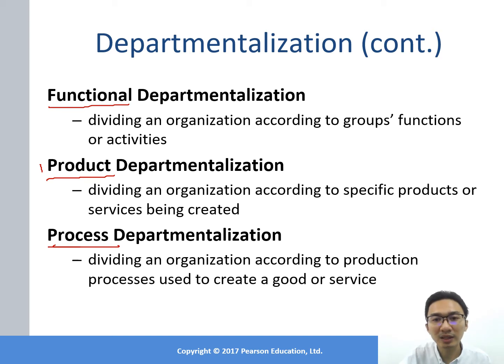Again, they group them into the processes used to create goods or services. Let's take an insurance company example. They will departmentalize based on process: the first department receives claims from customers, another department reviews the claims, whether they are legit or not, and the last one pays the customers if the claim is found to be legit. So this is process 1, 2, 3.